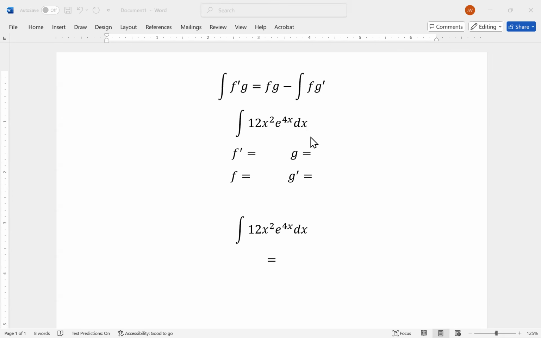Okay, so when I go to do this, my f prime is still going to be my exponential function. My g is still going to be my polynomial.